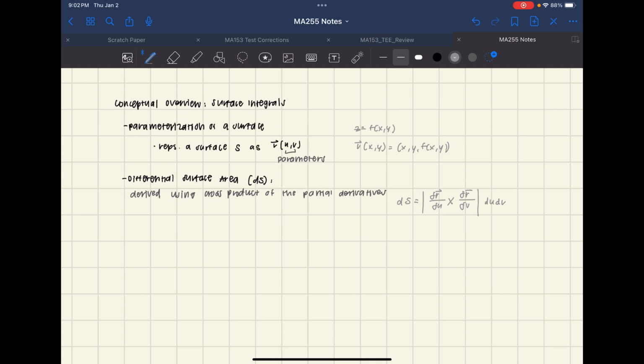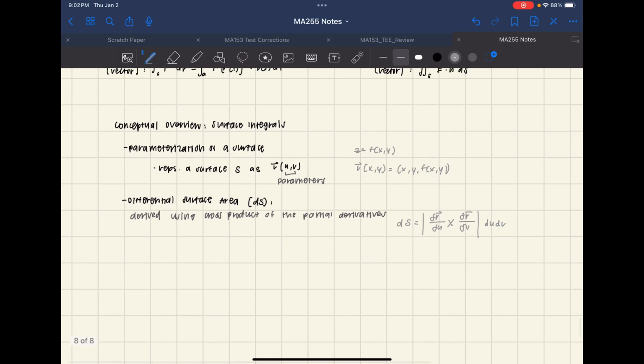Okay, so in terms of applications for scalar fields, you're able to use them to compute things like heat flow, surface area, or the total field magnitude over a surface S. And for vector fields, you can use them to compute flux through the surface S.